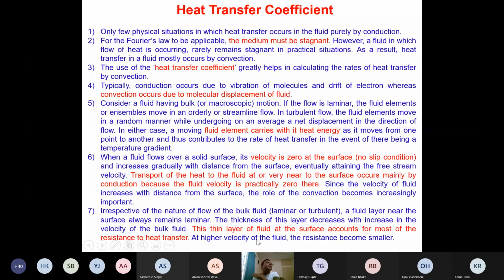And as we increase the velocity of the fluid, the thickness of this thin layer further decreases. So as the velocity of the fluid increases, the thickness of the layer decreases, and therefore heat transfer increases here. And that is what happens when we look at forced convection, isn't it? When we have more turbulence or more disturbance in the fluid, the higher is the heat transfer.